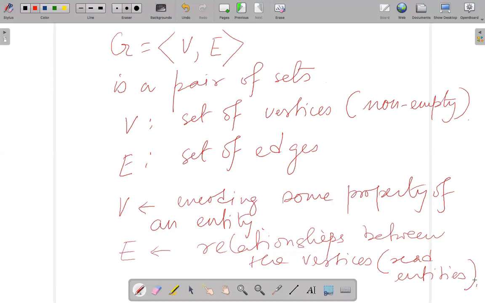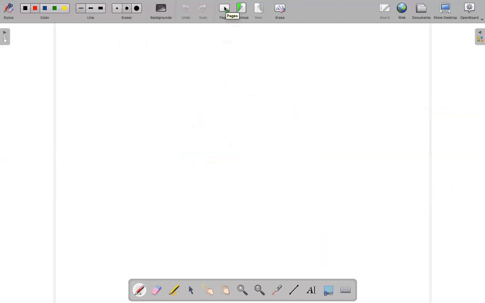Here each node is a user, which is an entity, and the entity has different properties like a name, a geographic location, an age, and many other indicators which typically make up the profile of that user. So this is just an example to motivate you.